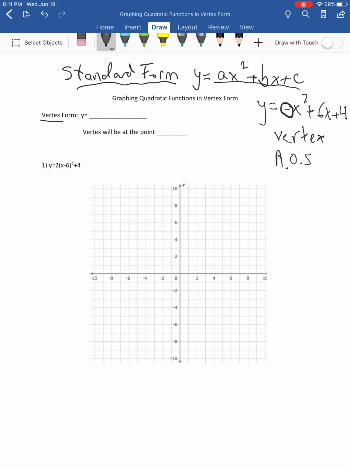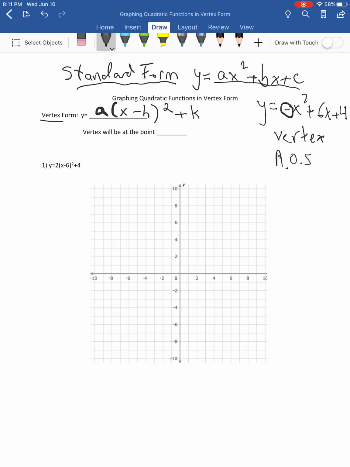Okay, so vertex form looks like y equals a times (x minus h) squared plus k. What gives away that the function is in vertex form are the parentheses, okay?